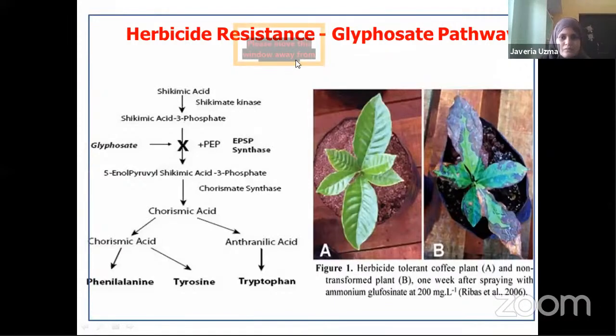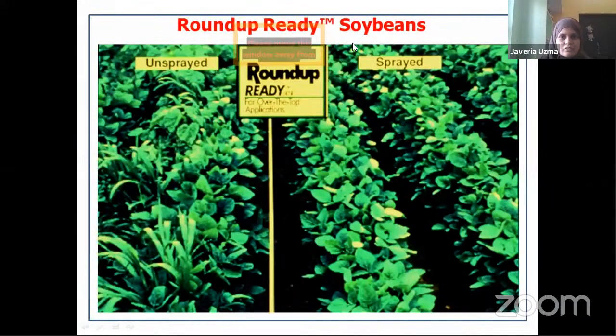This is Roundup Ready spray, the most famous herbicide available in the market to spray on plants to get rid of weeds. The glyphosate present in Roundup Ready spray will block the shikimic acid pathway in these weeds. But because these plants are resistant, the pathway will not be blocked here. Automatically all the weeds will die, and your plant will grow healthily.